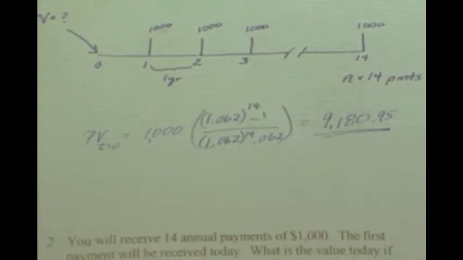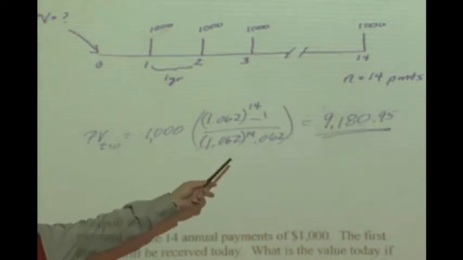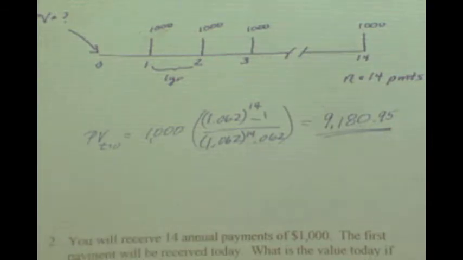Add 1 back, and you have 1.062 to the 14th again. Multiply by 0.062. Now, that 1 over x button is nice to have, because if you hit the 1 over x button, you can now multiply times the numerator which you have in storage.